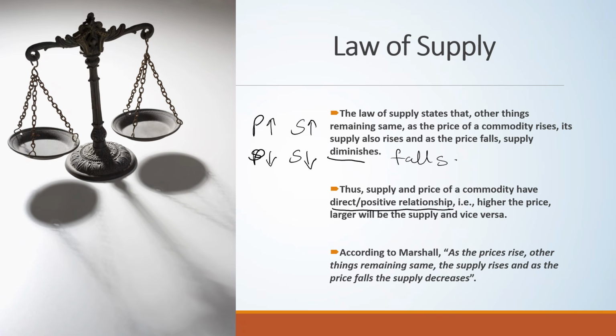Remember why? Because higher price, higher supply, lower price, lower supply. That is why it is called direct relationship. So according to Marshall, as the price rises, other things remaining same, the supply rises, and as the price falls, the supply also falls. So the law of supply is stated by Alfred Marshall.